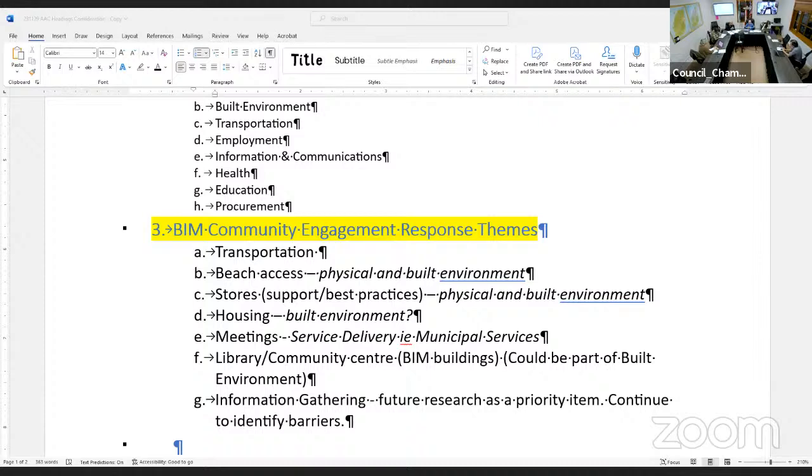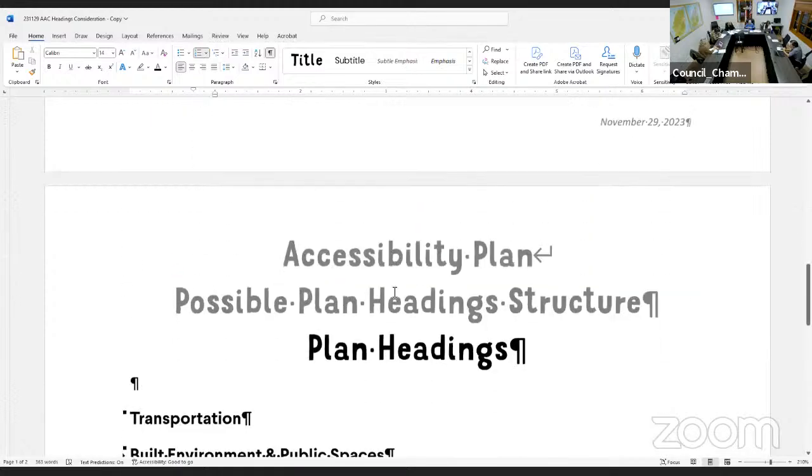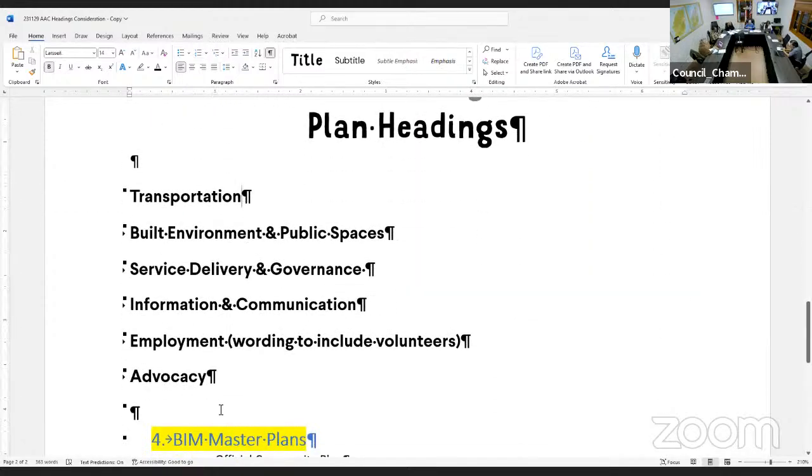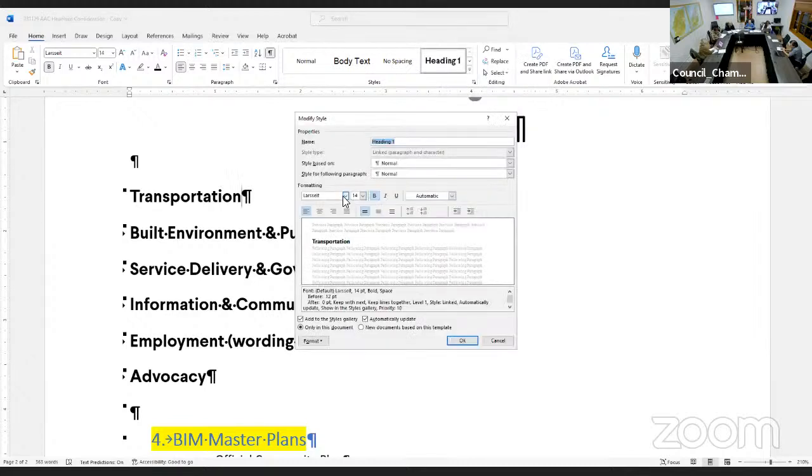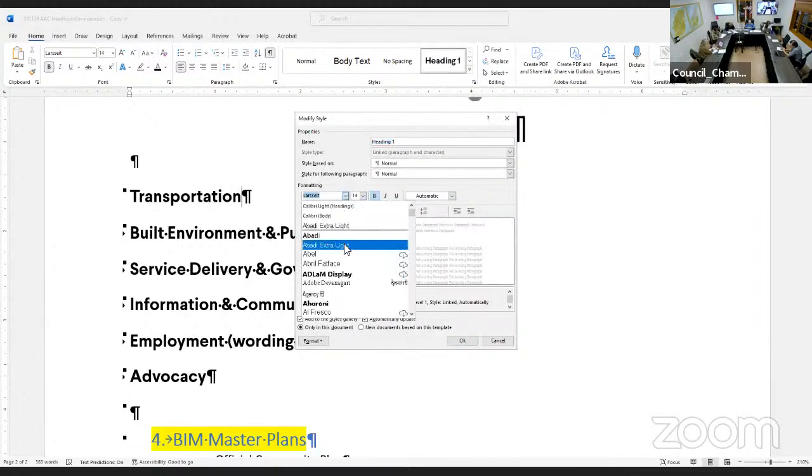All right, I'm looking at the clock and we have just a few more minutes, but I think we can declare that structure done. Yay! So now various committee members have done research on documents.